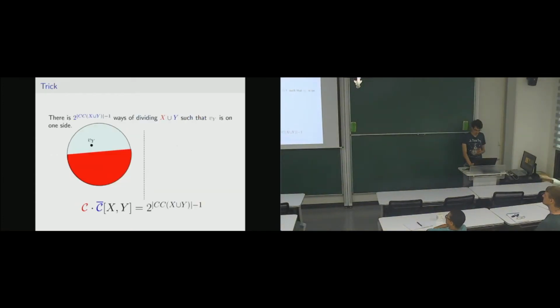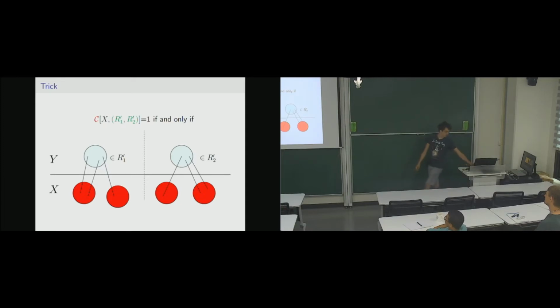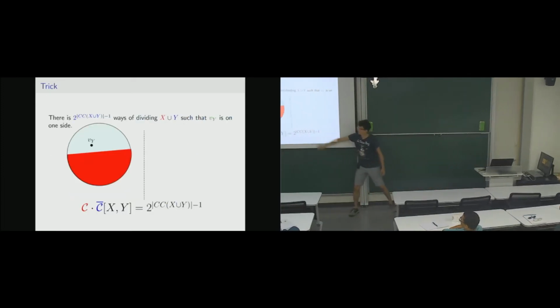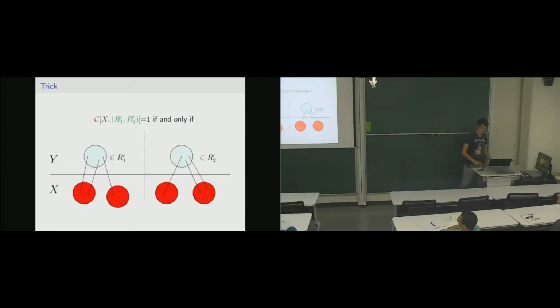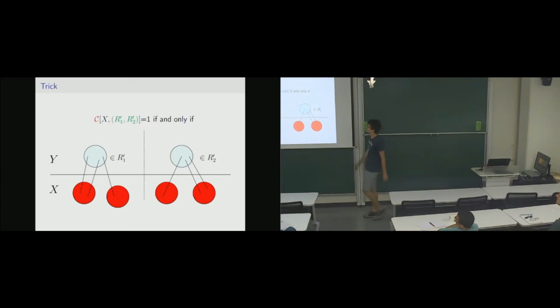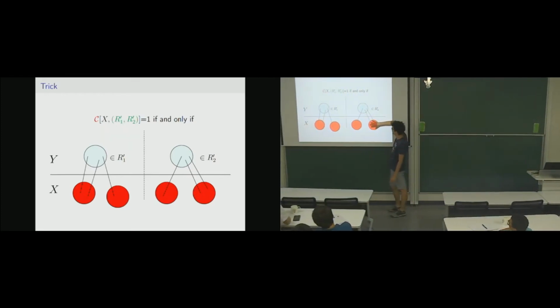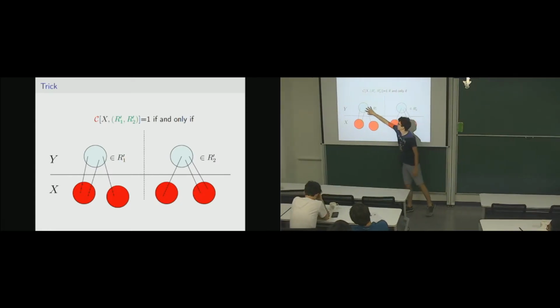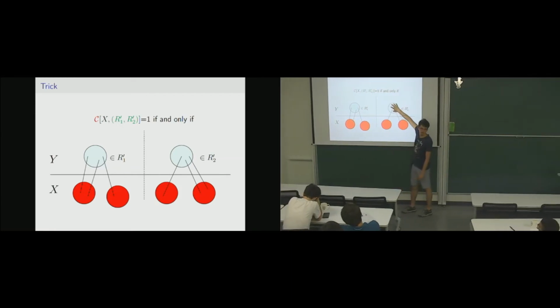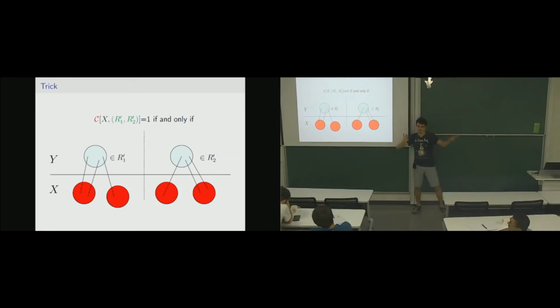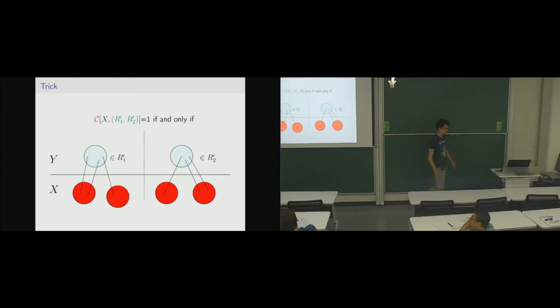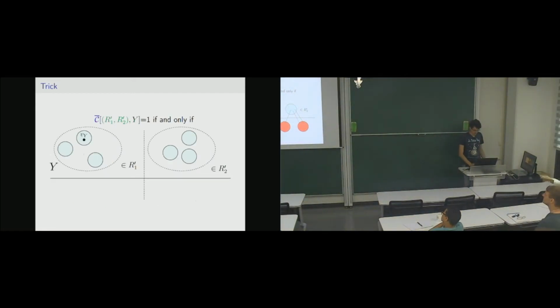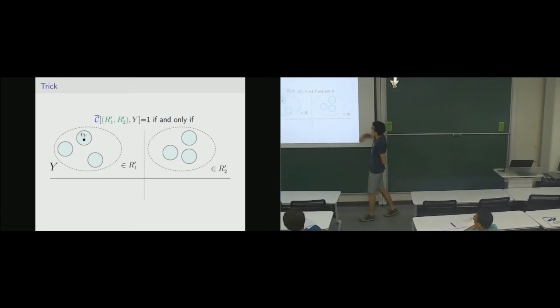So to obtain this equality there, I will define C this way. It means that every connected component of X has no neighbor either in R prime 1 or no neighbor in R prime 2. So I can split the connected components of X. And for C bar, I define it this way.